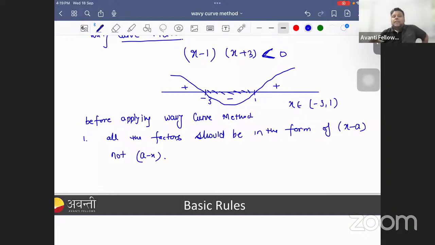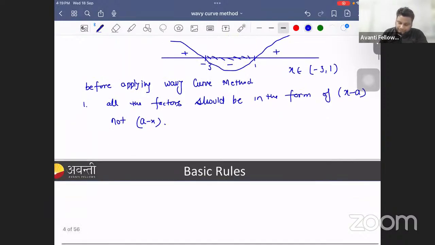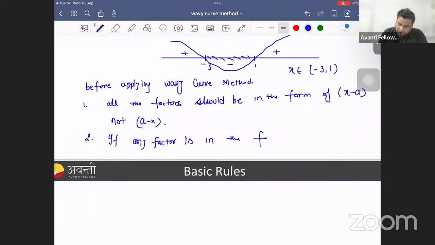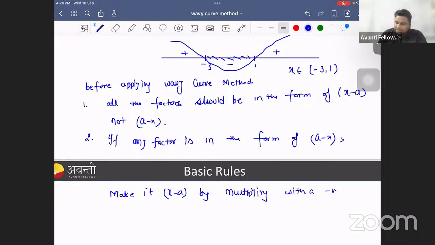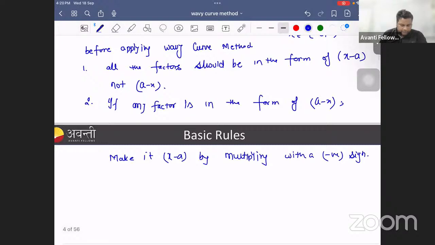Now, what to do if a factor is in the form of a minus x? If any factor is in the form of a minus x, then make it x minus a by multiplying with a negative sign. Got it?